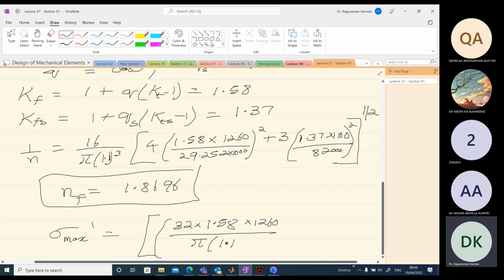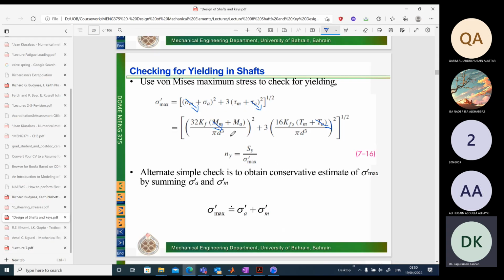Notice that I am always substituting the smaller diameter, because when you use the fatigue stress concentration factor, we should consider only the smaller diameter of the shaft for all calculations. The larger diameter will have lesser stress, while the smaller diameter part of the shaft will always have the higher stress. So we have to use the smaller diameter.